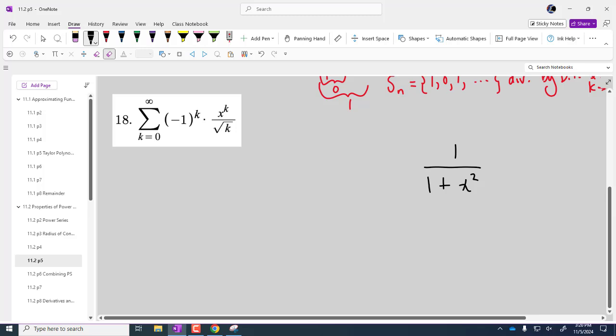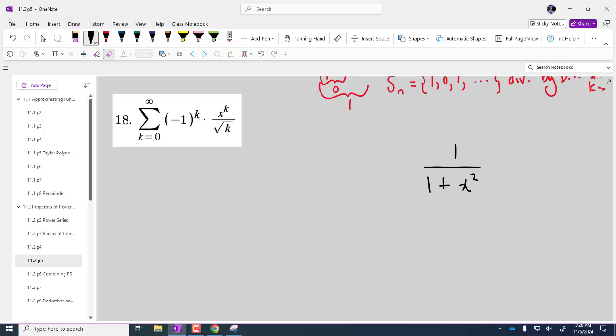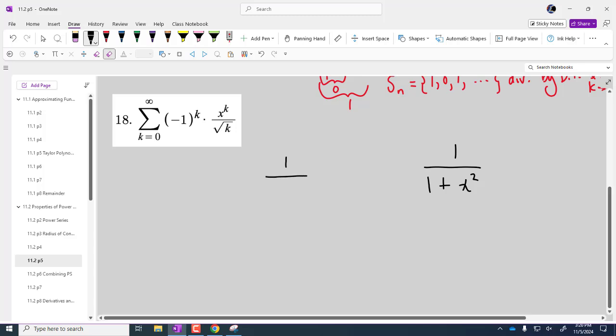Okay, that's differentiable, and you could imagine continuing to take derivatives. How am I going to back into this? Okay, I'm going to back into it this way. So this is our geometric series. We already looked at the power series for the geometric series.